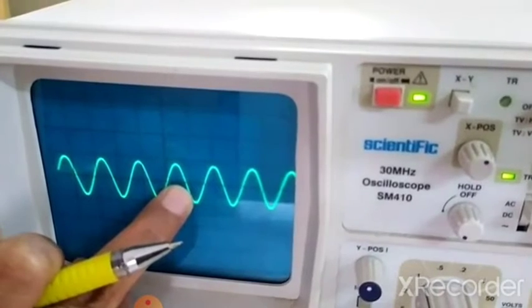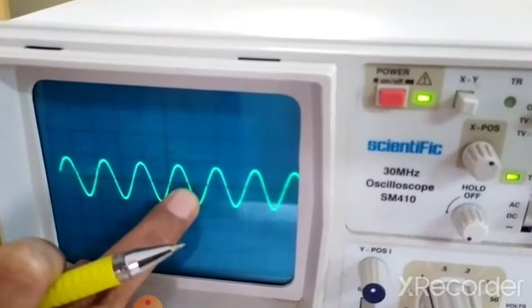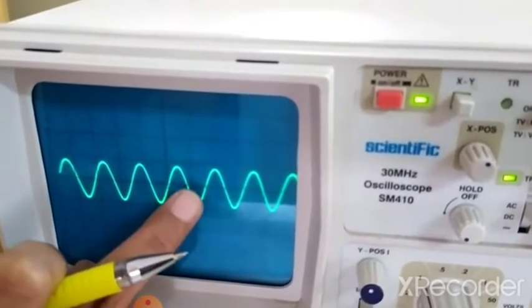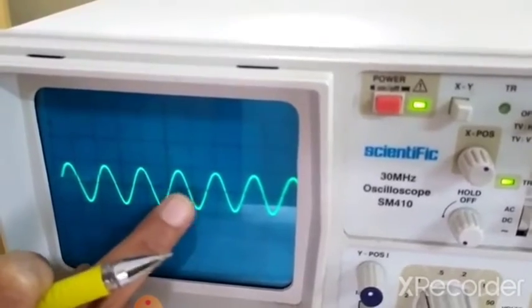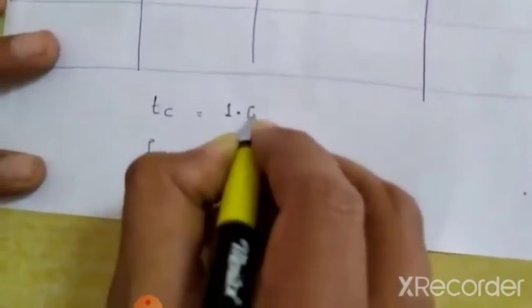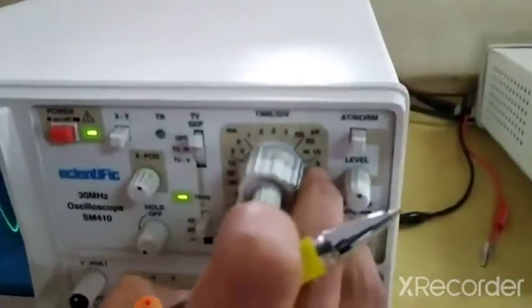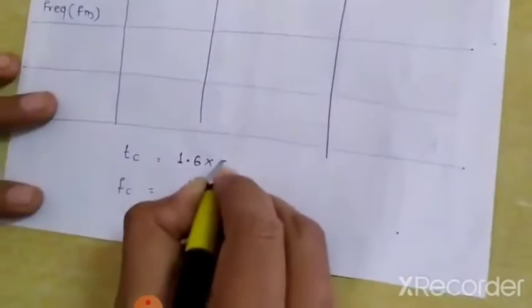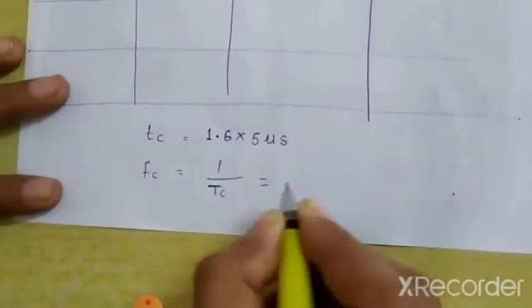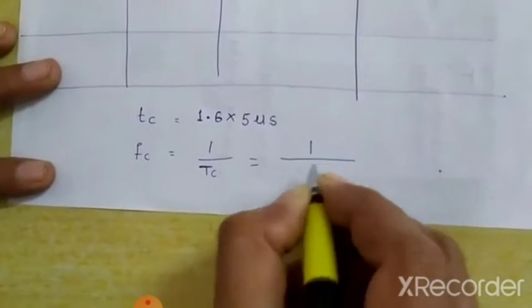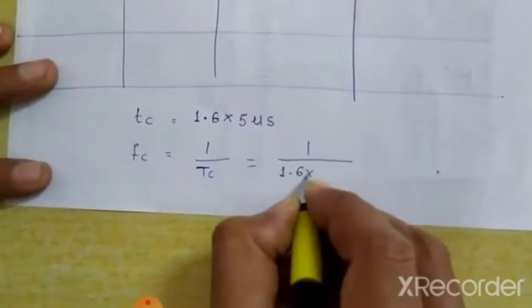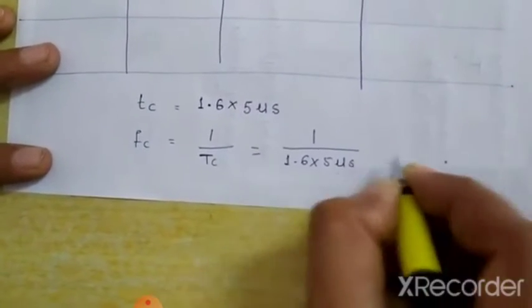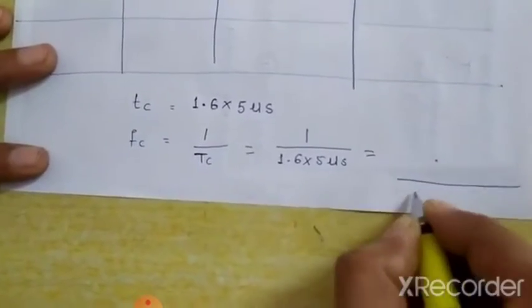So this is T mean, and that one is T max. So what is Tc? Here it is 1.6 into 5 microsecond time per division. Then in order to calculate Fc, it will become 1 upon 1.6 into 5 microsecond. Calculate it, you will get the value of Fc here.